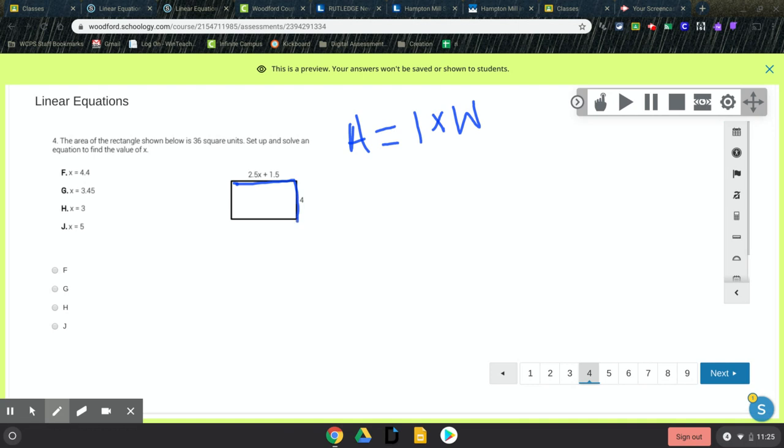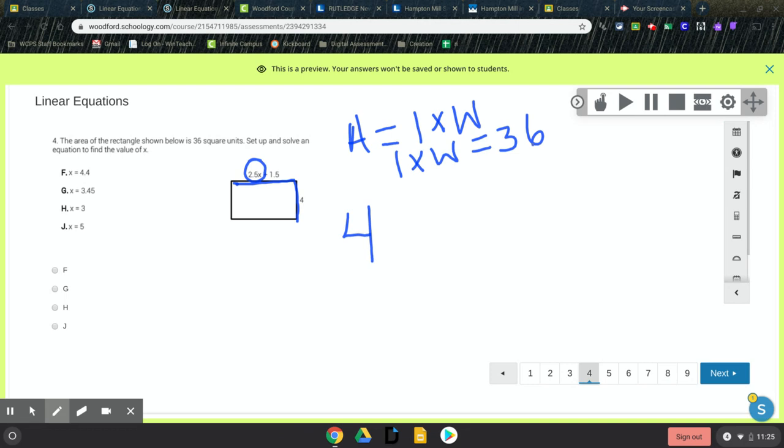Then it says set up and solve an equation to find x. So I want to know, what is x? What is this x value right here? Well, I know one thing. I know that if I do length times width of this particular rectangle, it should equal 36 square units.